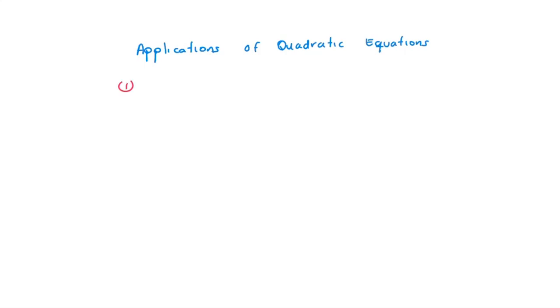It says, the area of a rectangle is 27 meters to the second power.